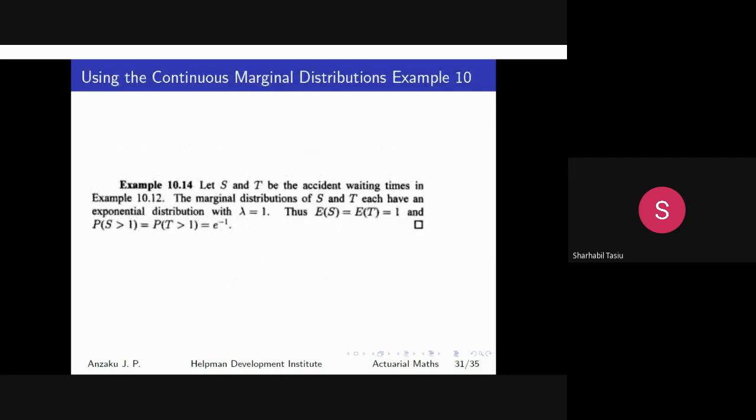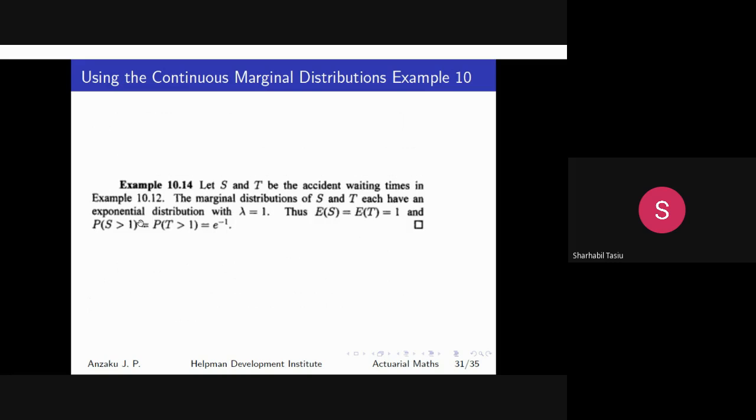All right, finally, this example. For the Poisson case, the waiting time in the example, we say that the marginal distributions of S and T each have an exponential distribution with lambda equal to 1. Remember, the lambda is equal to 1 for the Poisson case. Now that it is continuous, it becomes exponential.